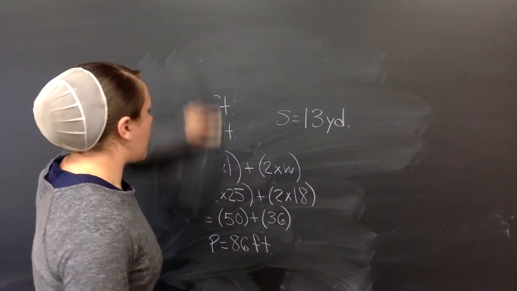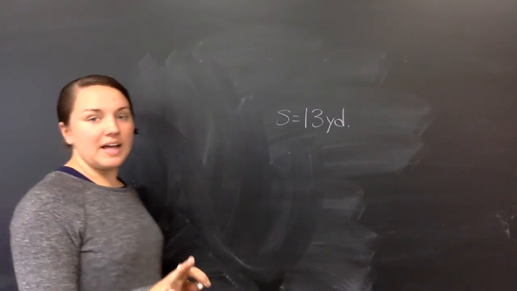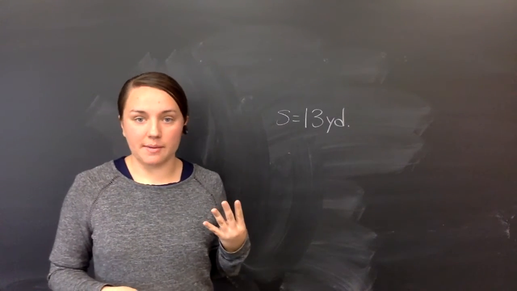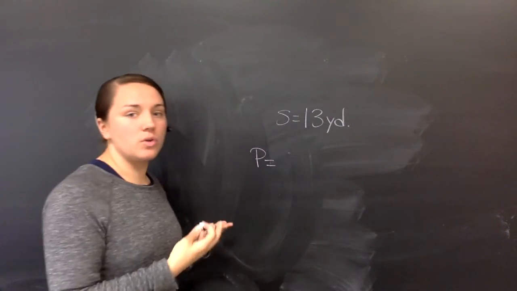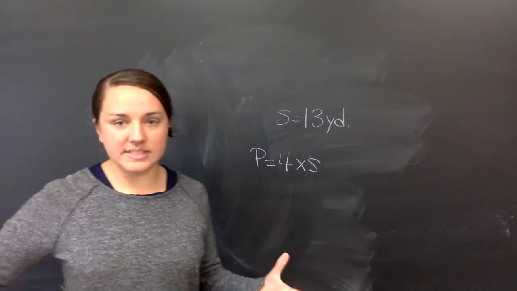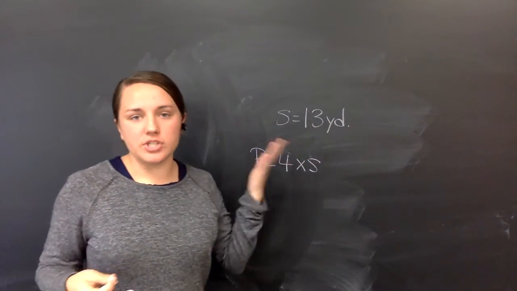So if we want to find the perimeter of a square, we have a different formula. It's a little bit more simple because on a square, all 4 sides are the same, right? So all we have to do is P equals 4 times a side. Okay, we're finding the distance around the square. There are 4 sides. They all equal 13 yards each.